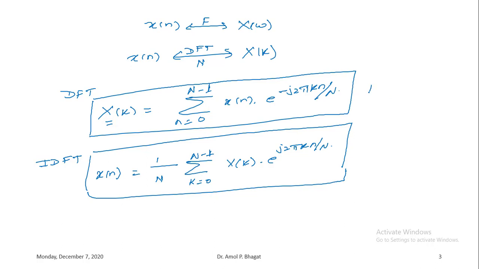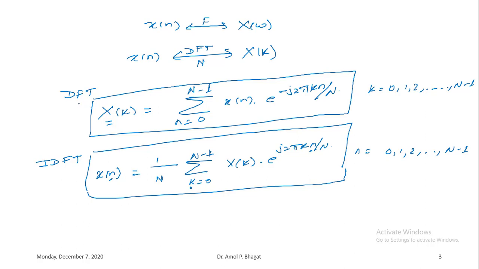Here k equals 0, 1, 2 up to N minus 1, and similarly the values of small n are 0, 1, 2 up to N minus 1. These are the two formulas that you have to keep in mind.